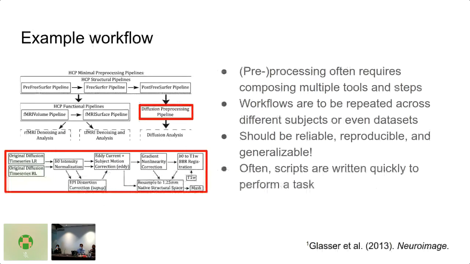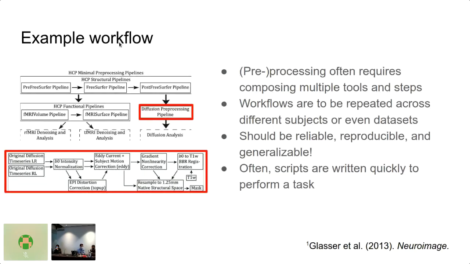So just as a quick example, this is a diagram of the kind of workflow we're talking about, pulled from Glasser et al., talking about the HCP pipeline. They have a pipeline that they apply before FreeSurfer, and then that splits off into a bunch of things.